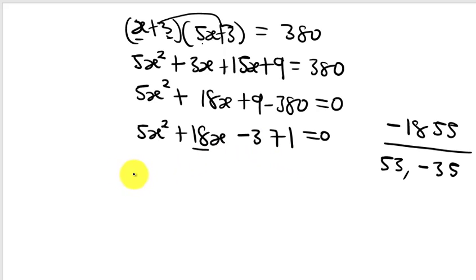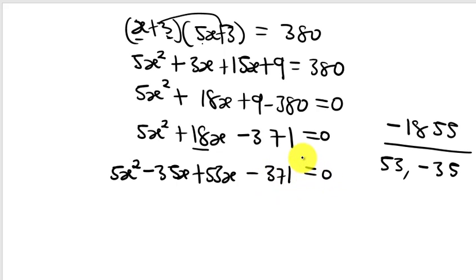Therefore, I'm going to have my 5x squared minus 35x plus 53x minus 371 is equal to 0. I take the first two terms and factorize, then I take the next two terms here and factorize.